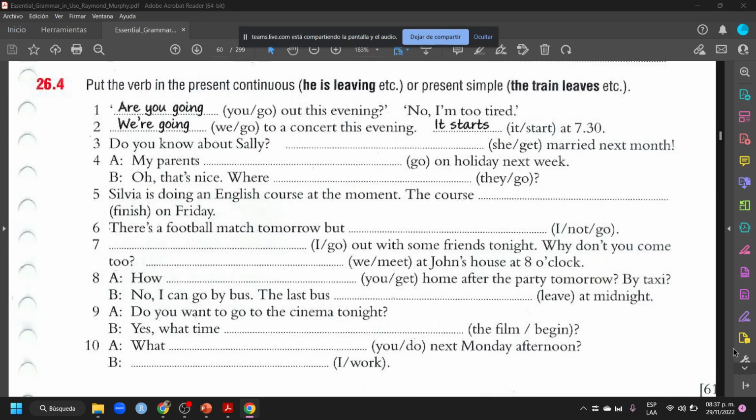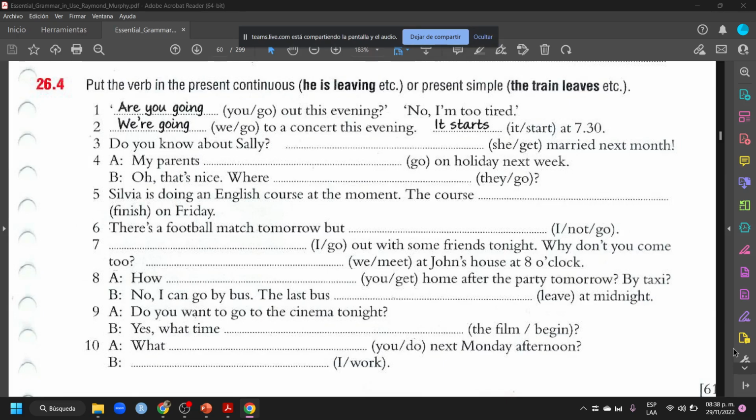Number 7: I am going out with my friends tonight. Why don't you come too? We meet at John's house at 8 o'clock. Exactly, because this is a schedule.